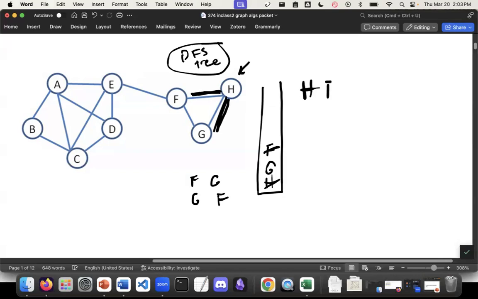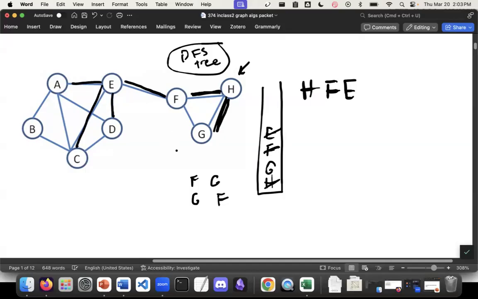So we pop it, and then we look at its children. The only one we haven't included so far is E. Okay, so now we look at E, and we add its children, which are A, C, and D.